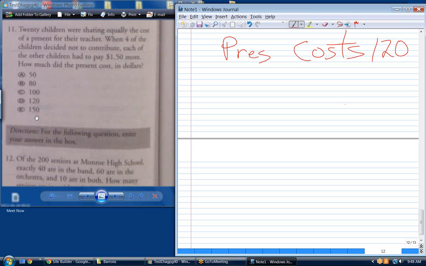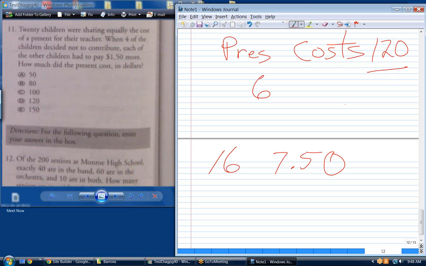So the beauty of back solving is that almost never do you have to test all 5 solutions. Usually you test at most 2 solutions and you have your answer. So if the present cost $120, each child should have to pay $6, and then 16 kids would have to pay $96, and that works. 6 times 16 is equal to 96, is it?